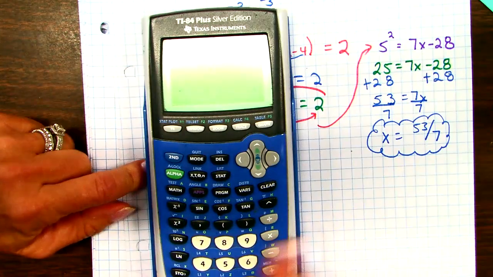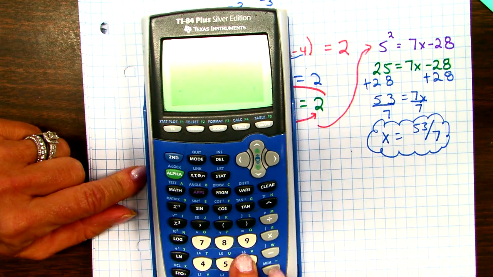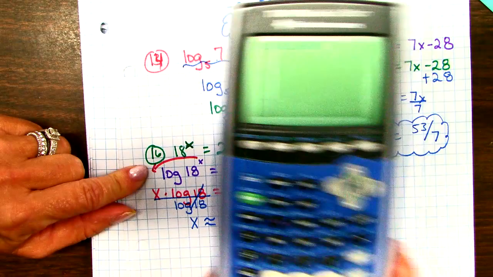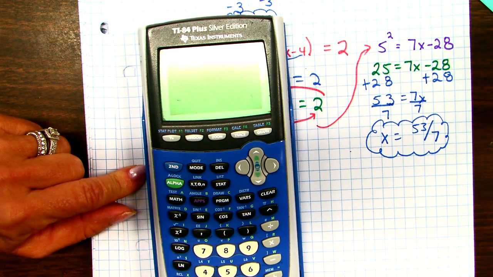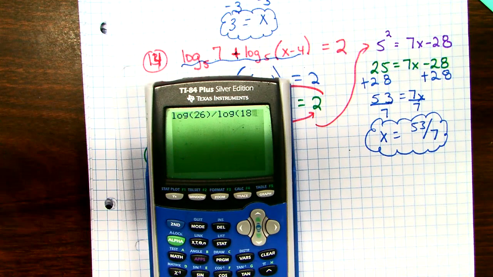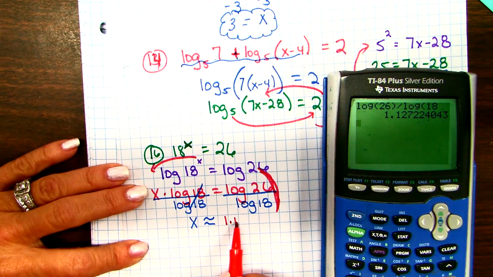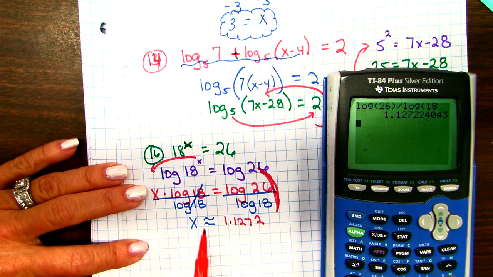So you're going to type in log 26, close your parentheses, divided by log 18. You have to close your numerator's parentheses. And then we'll round to the nearest 10,000th, which is 4 places, just like we've been doing. So that would be 1.1272. I will take off a point if you're rounding incorrectly.